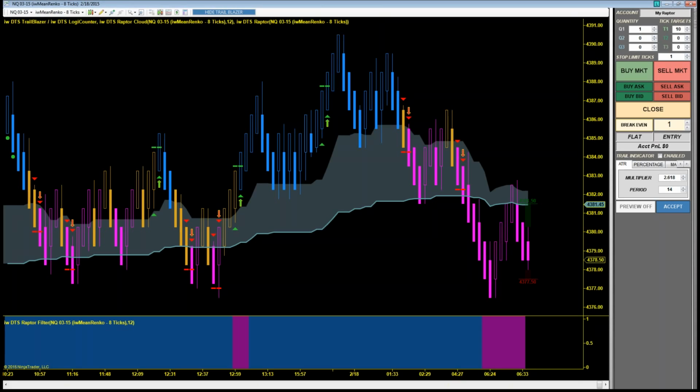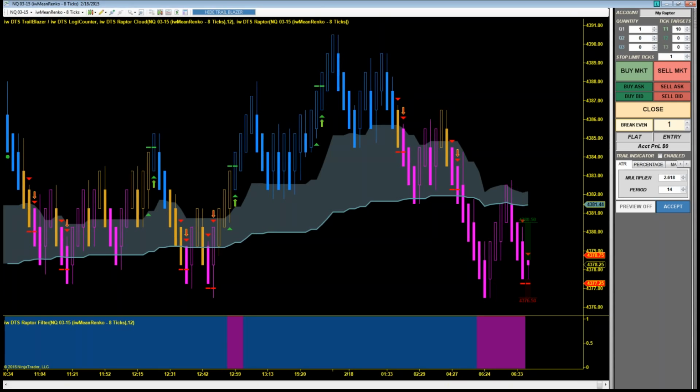Now, each of these tools, actually before I get into the signal generation, let me show you the last tool. This is the DTS Raptor. This is the latest addition to the DTS assortment. And the Raptor is a standalone system, and it incorporates components of the other three tools all into one.